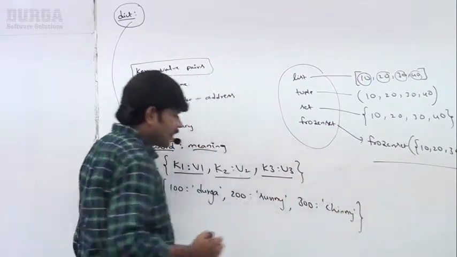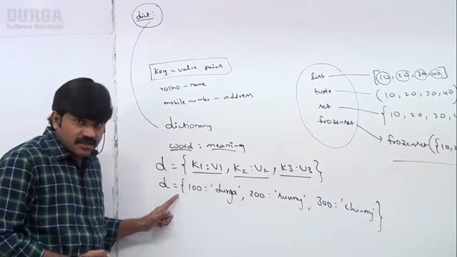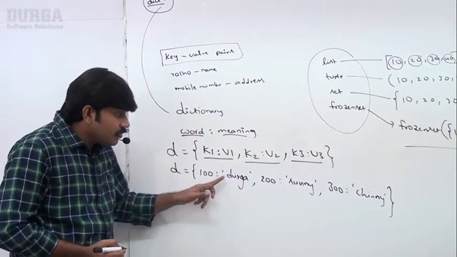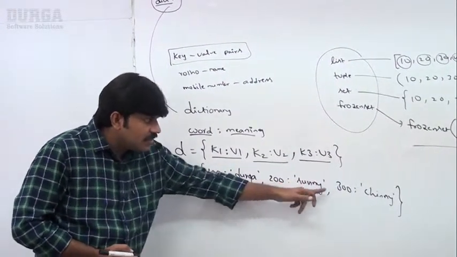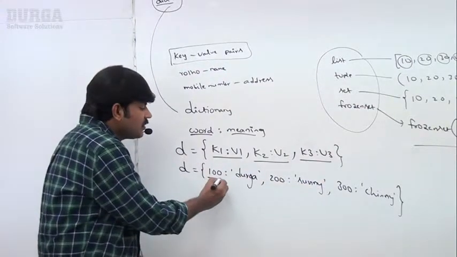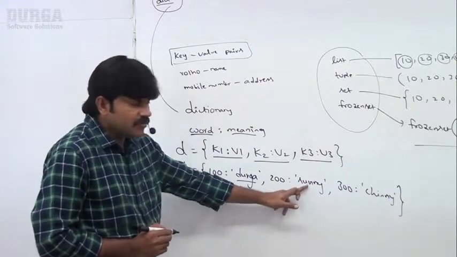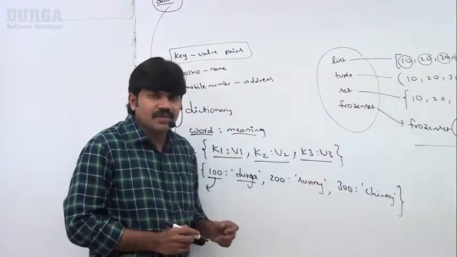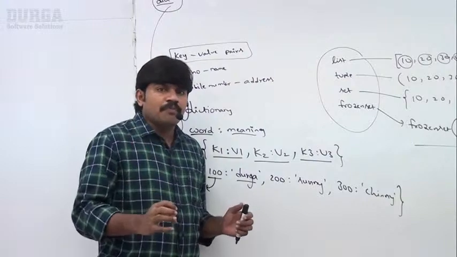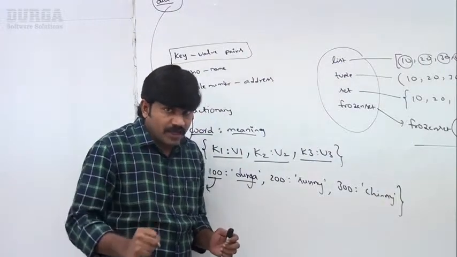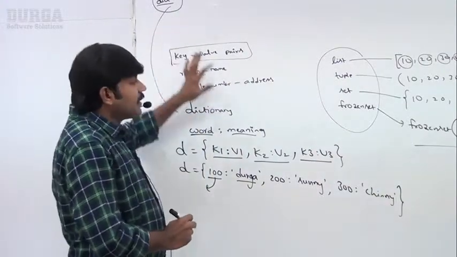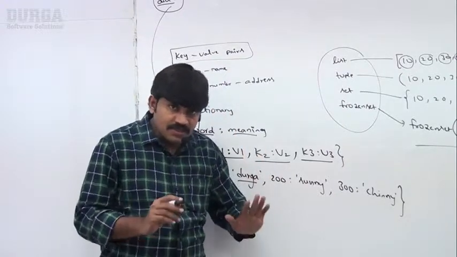Have you observed? This is a dictionary itself. 100 Durga, 200 Sunny, 300 Chinny. Sir, this is the key, this is the value. 200 is the key, Sunny is the value. 300 is the key, Chinny is the value, right? If you want to represent a group of key value pairs, then we require to go for the dictionary concept. Is it clear, right?